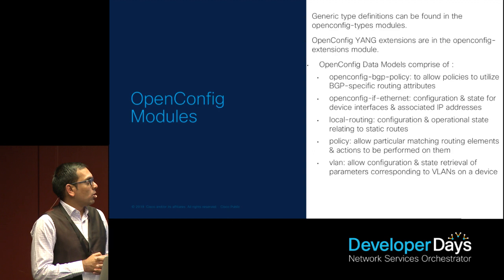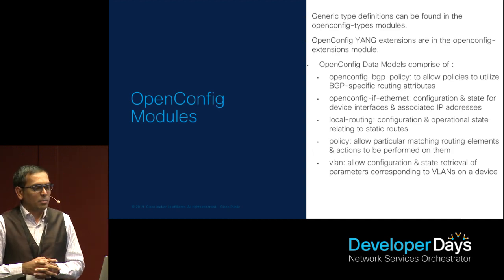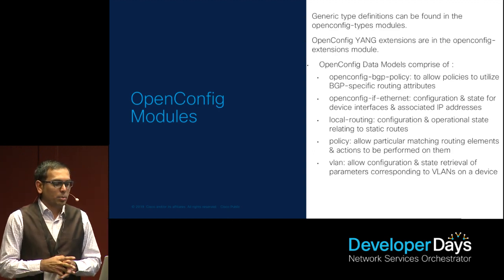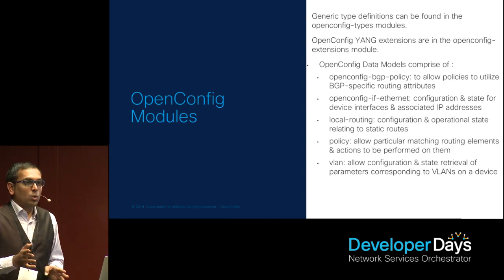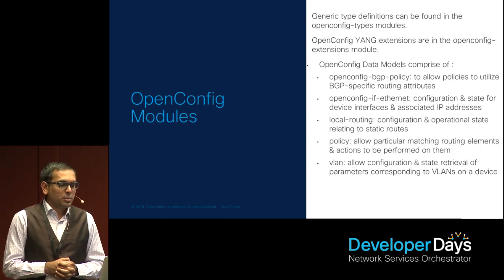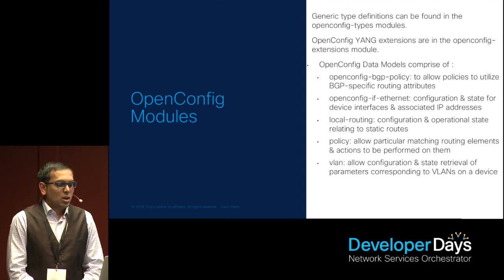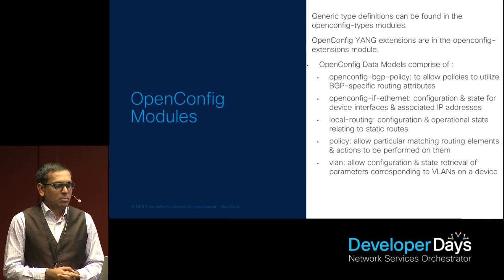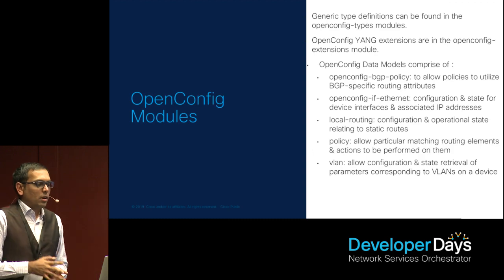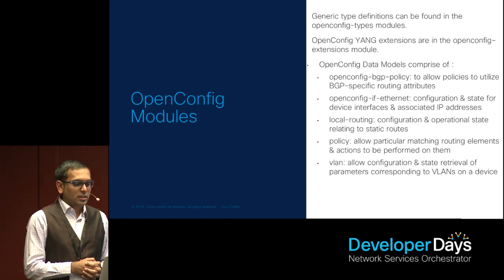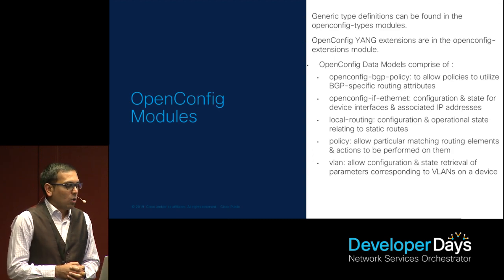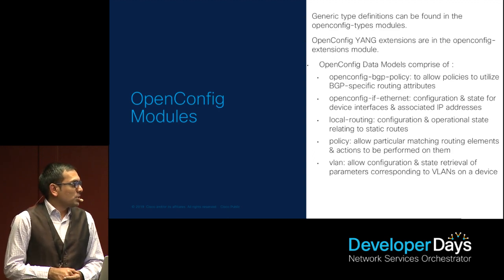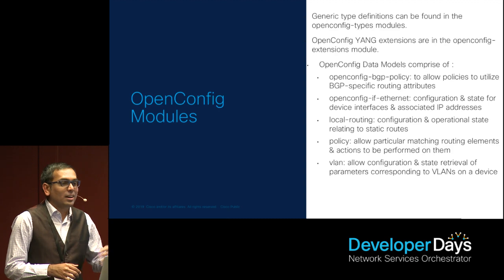Let's briefly talk about the generic type definitions which are encompassed within the OpenConfig type modules. They are OpenConfig BGP policy, to allow policies to utilize BGP specific routing attributes; OpenConfig interface, for capturing the configuration and state of device interfaces along with their IP addresses; local routing, for capturing the configuration and operational states relating to static routes.